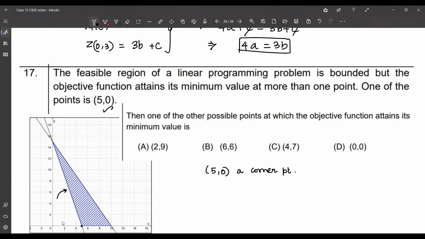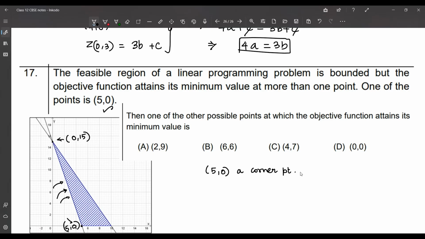So which means I'm looking at 5 comma 0, it's part of this boundary line. So all the points that lie on this line, they will all satisfy the minimum value for this question. So we need to first find out what is this corner point. This would be 0 comma 15, and this point is 5 comma 0. So 5 comma 0 is a corner point.